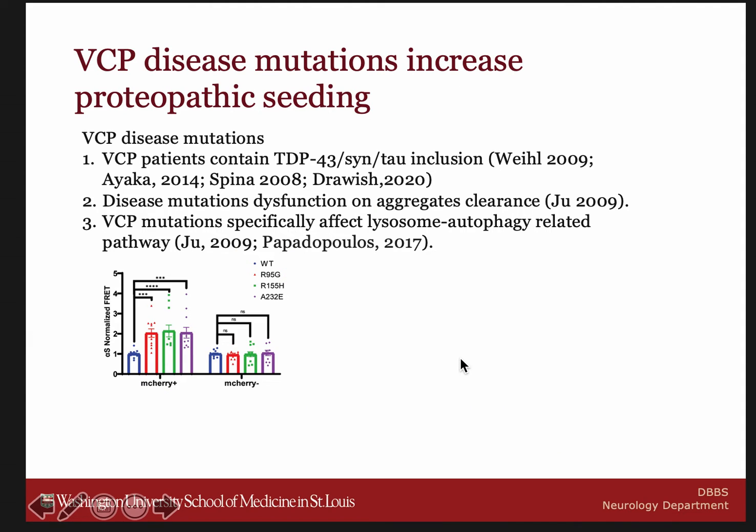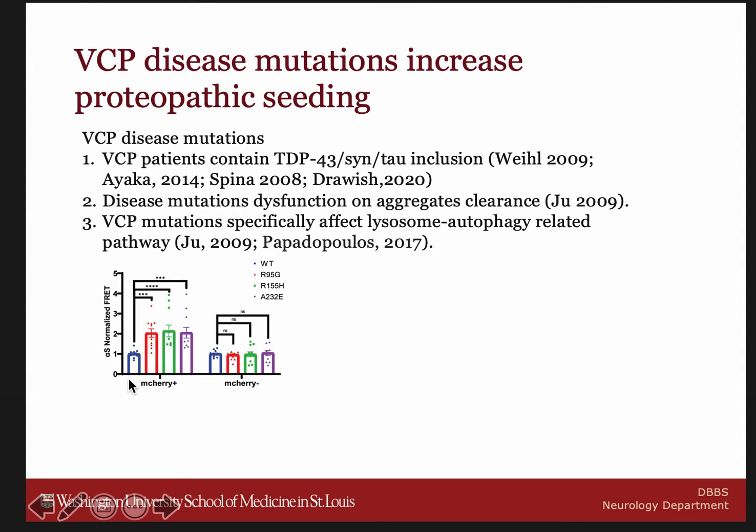Then we asked if VCP disease mutations also have effects on proteopathic seeding. As we know, VCP disease mutations specifically affect part of the VCP functions without decreasing the VCP ATPase activities.